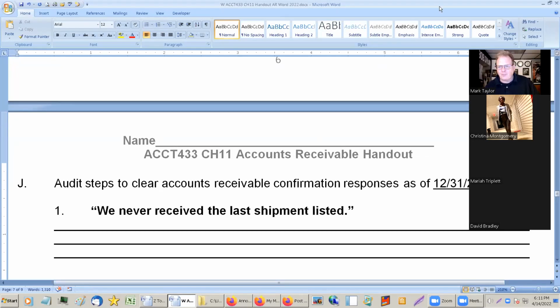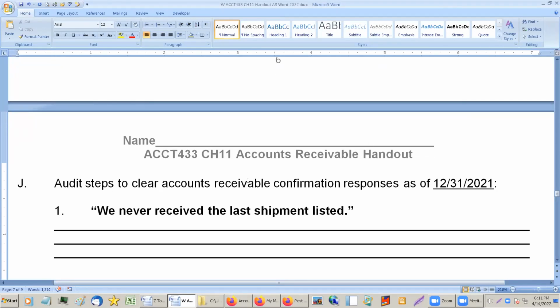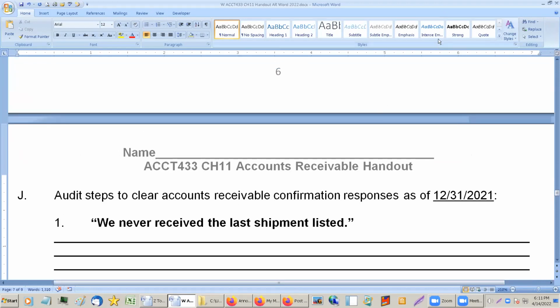Okay, so let's go through here and see. Before I even start, let me talk about one more thing. I think I said this before, but maybe I did. One of the most important documents for accounts receivable is going to be the bill of lading.